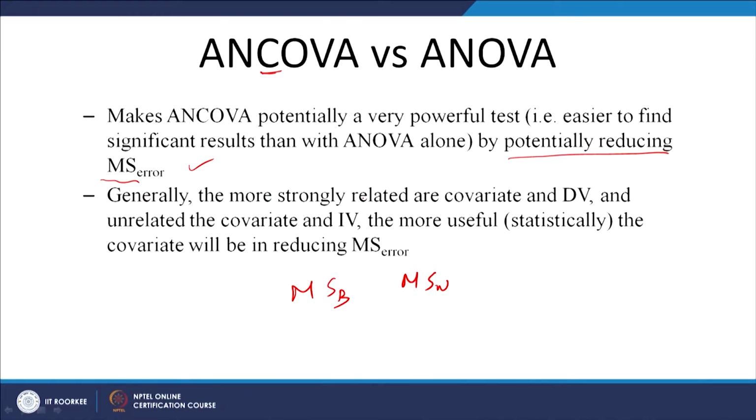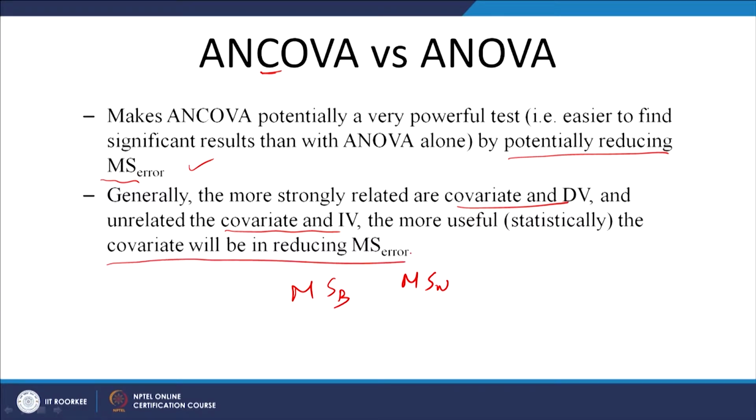Generally, the covariate and the dependent variable are strongly correlated, that is what I had explained earlier also, and the covariate and the independent variable are unrelated, not correlated, right. The more strongly the covariate and the dependent variable are correlated, the more useful the covariate will be in reducing the MS error.